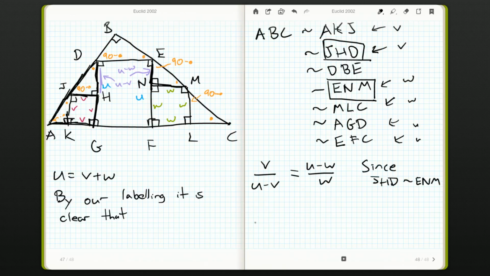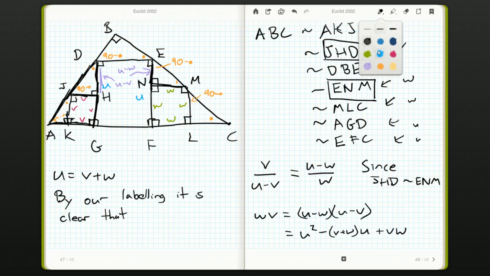So does this get me anything? Well, if I cross multiply, I'll get W times V, and I'll get U minus W times U minus V, and if I expand that out, I'll get U squared minus V plus W, ooh, that's important, times U plus VW, and these two guys are going to cancel out.